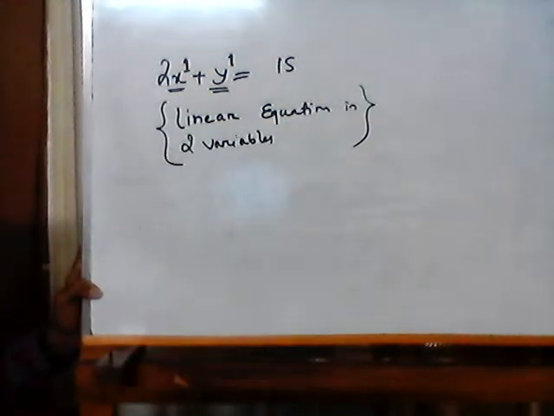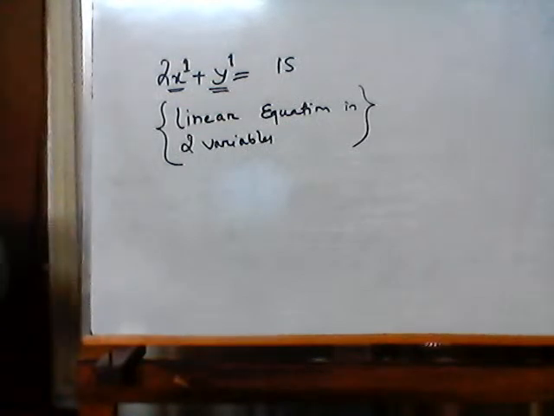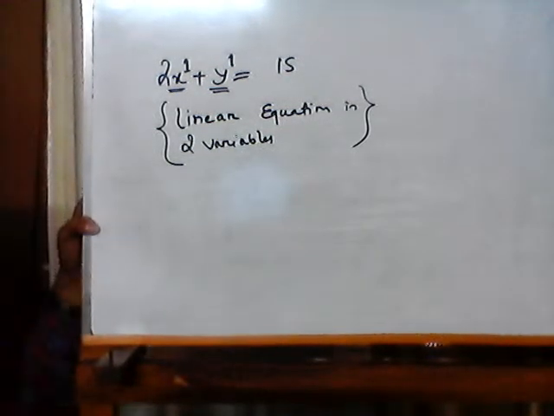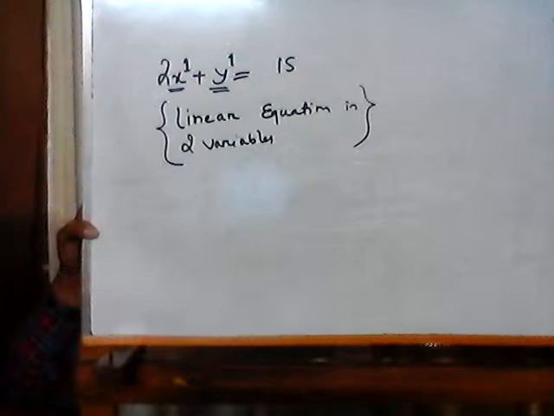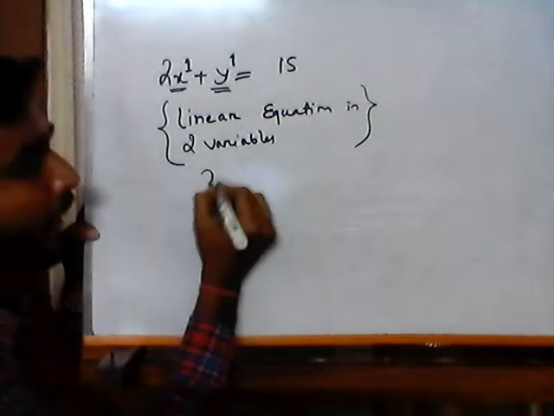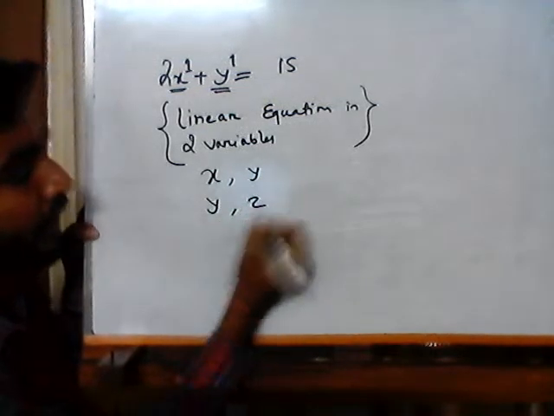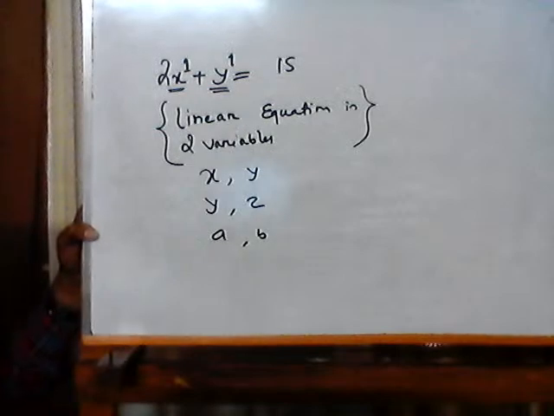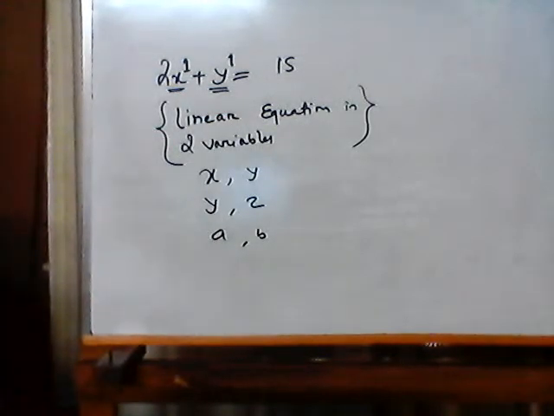Clear? So this is all about the name of the chapter, pair of linear equation in two variables. Those equations which have highest power 1, that is degree 1, and are comprised of two variables. It can be x and y, or a and b. Whatever, you will see two variables and the power of the variables will be 1. That will be a linear equation in two variables.